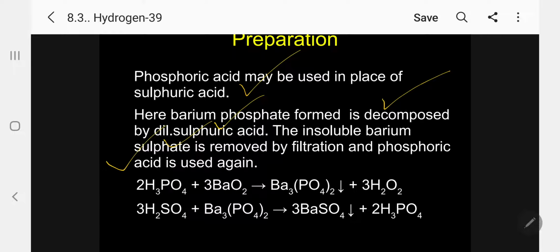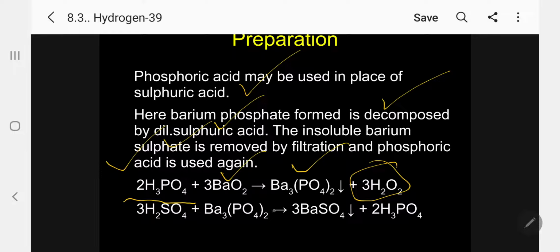It is recycled. Suppose we are using phosphoric acid with barium peroxide instead of dilute sulfuric acid: barium phosphate and hydrogen peroxide will be produced. 3 moles of hydrogen peroxide will be produced.